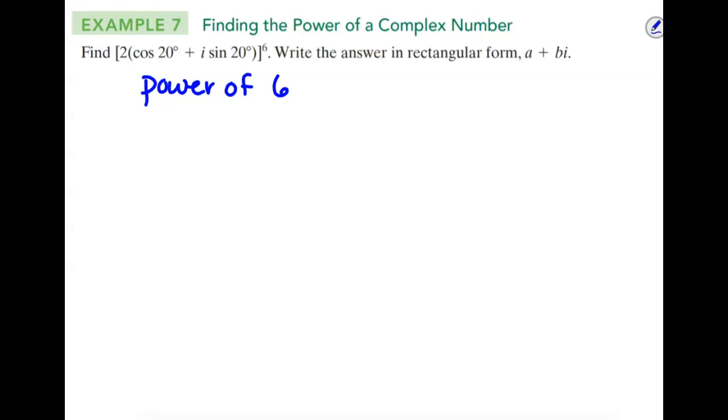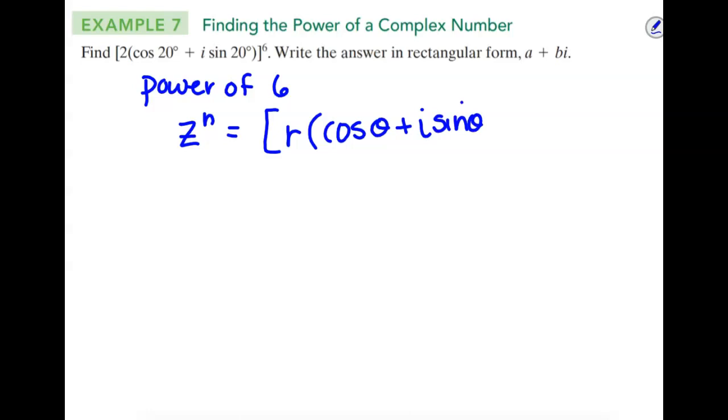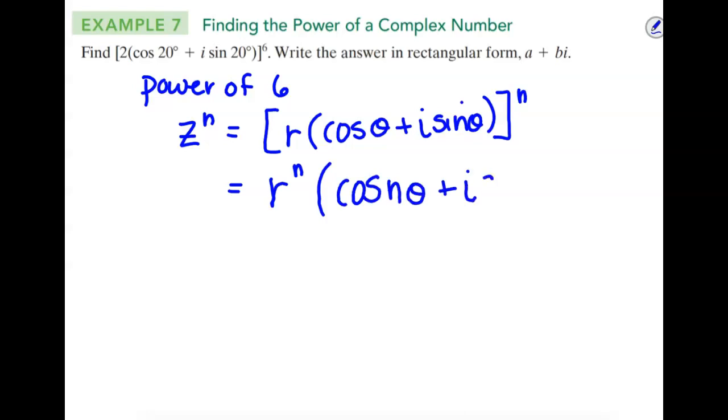I'm going to go ahead and write the formula down. z to the n equals the quantity r, quantity cosine of theta plus i sine of theta, raised to the nth power, in this case a power of 6, equals the radius raised to the power of n, quantity cosine of n theta plus i sine of n theta.